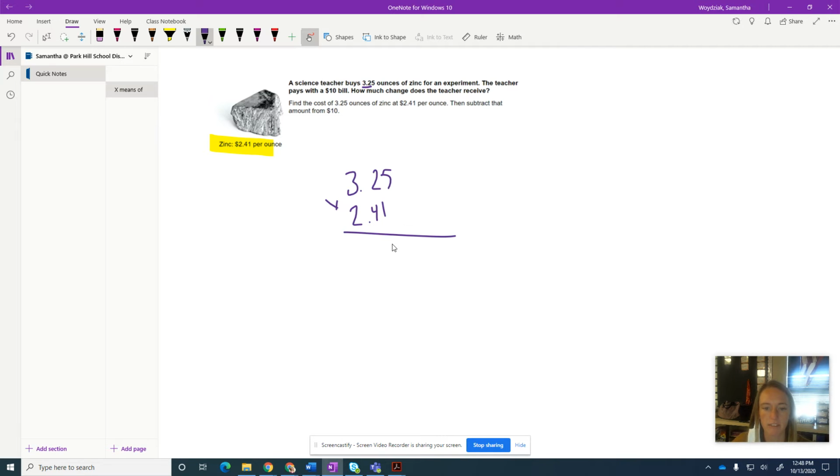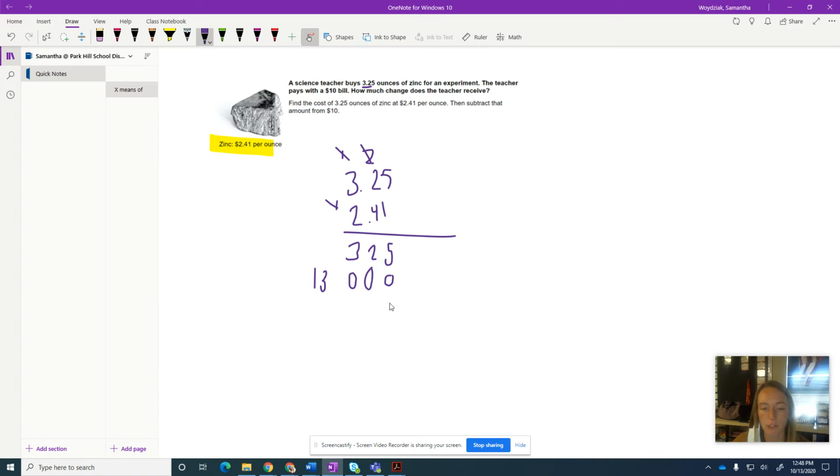So 1 times 5 is 5, 1 times 2 is 2, 1 times 3 is 3. Notice I'm not really paying any attention to the decimal point. Then I move over a place value, so I've got to have my 0. 4 times 5 is 20. 4 times 2 is 8, plus 2 is 10. 4 times 3 is 12, plus 1 is 13. I'm going to cross these off so I don't get confused later.